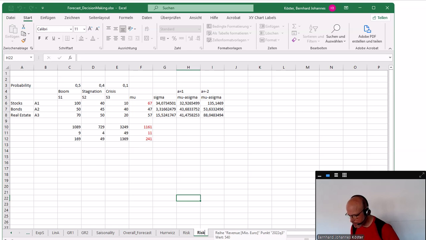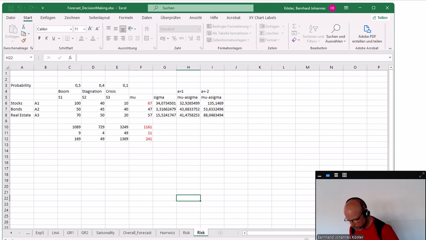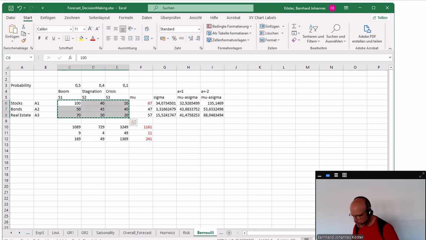Also Bernoulli it should be. And then let's copy this one and here.